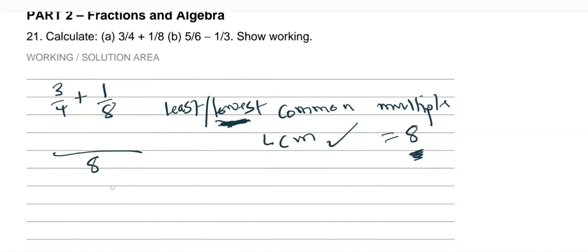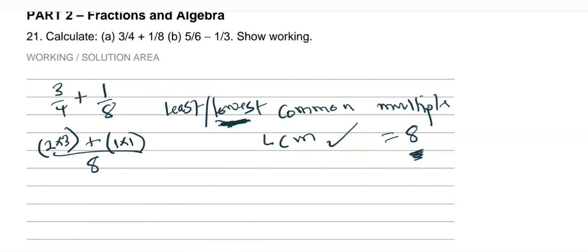How many 4s will go into the 8? 2. So when you write the 2, you multiply it by the 1 at the top. So 2 times 3. Plus, how many 8s will go into 8? 1. 8 will go into 8, 1. 1 times what?